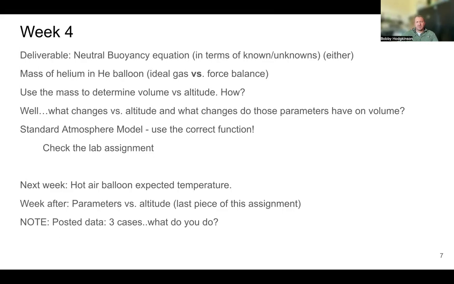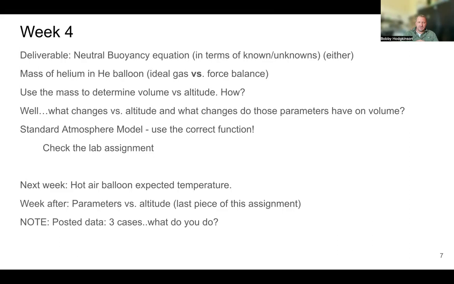Next week, we're looking at the hot air balloon expected temperature. So that's something that you should be working towards. What is the temperature that would be necessary? So again, independent from the experiment, independent from what you saw last week, and then for those of you that need to see it again this week, what temperature is necessary for the hot air balloon to reach neutral buoyancy given the conditions in the lab?